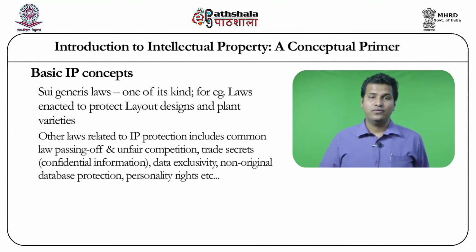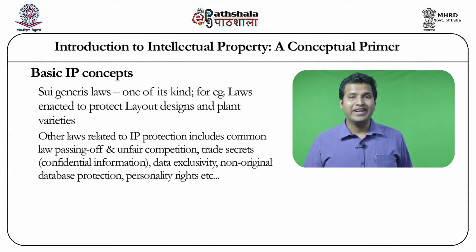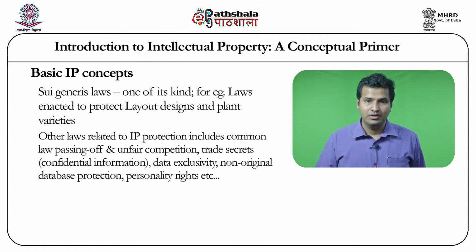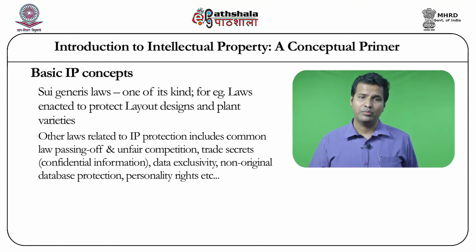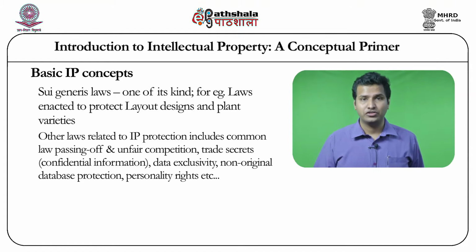There are other kinds of laws that provide IP type of protection, but there is larger dispute whether these amount to intellectual property rights in themselves. Nevertheless, for broad purposes we include them within the category of intellectual property. They are the common law action of passing off and unfair competition, certain kinds of protection that are needed for protecting trade secret and confidential information.